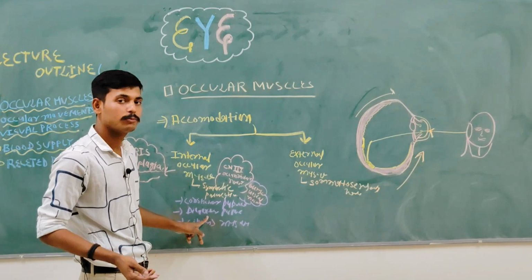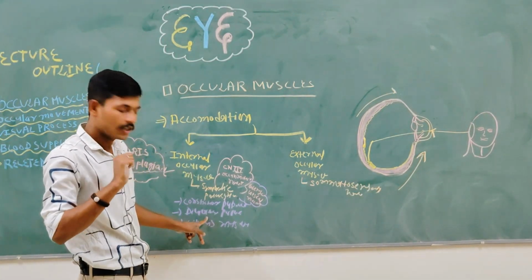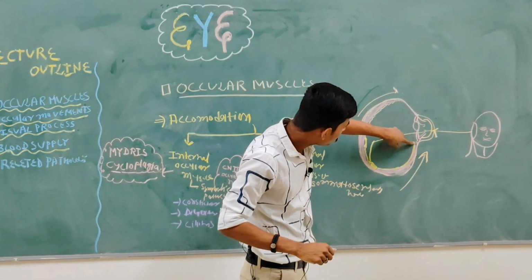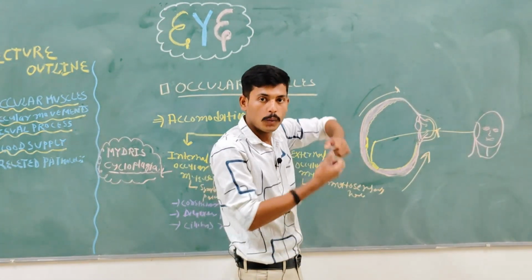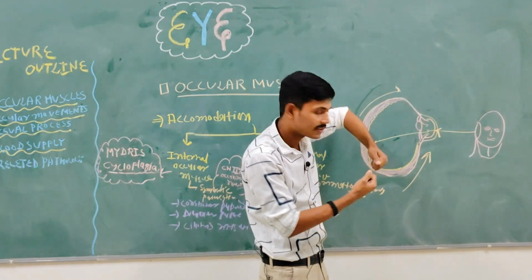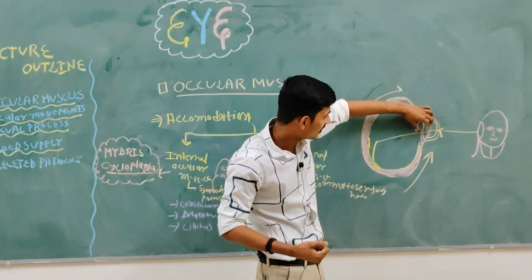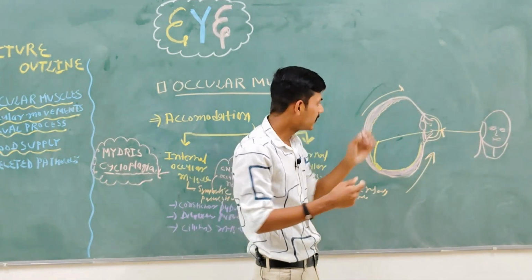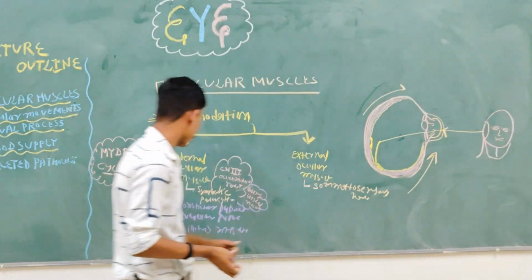Constrictor pupillae and dilator pupillae are present in the pupil, whereas the ciliary muscles are present in this area which holds the suspensory ligament. When they constrict, the lens constricts, and if they relax, then it gains the normal spherical shape.